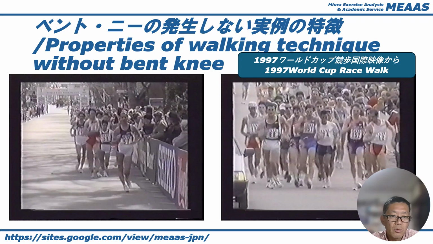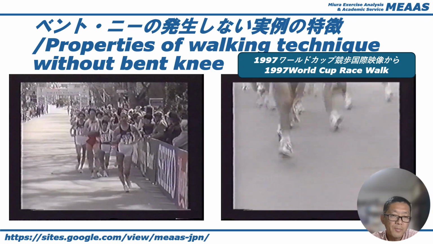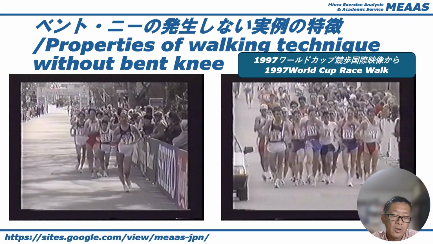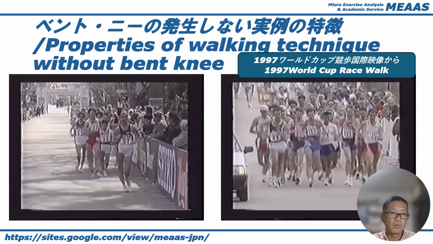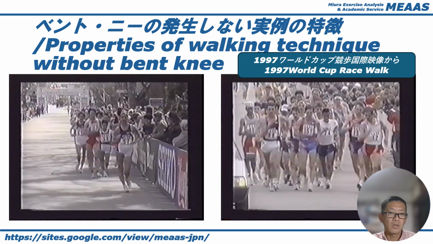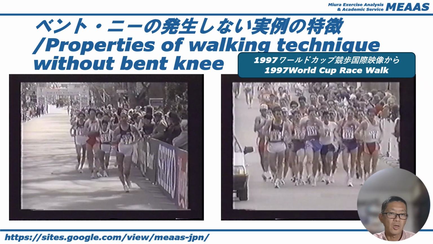To swing forward with the inside knee, they can rotate their pelvis largely. So this inside knee swing is a property of knee extension.